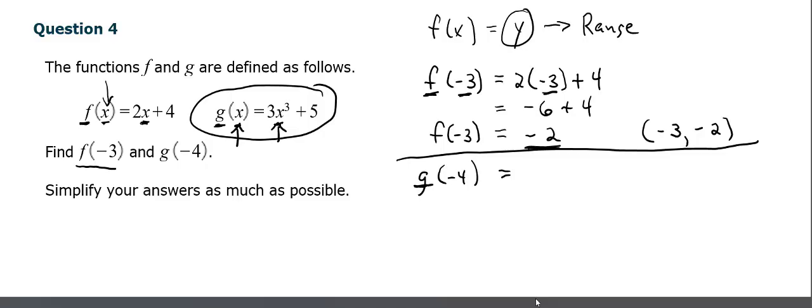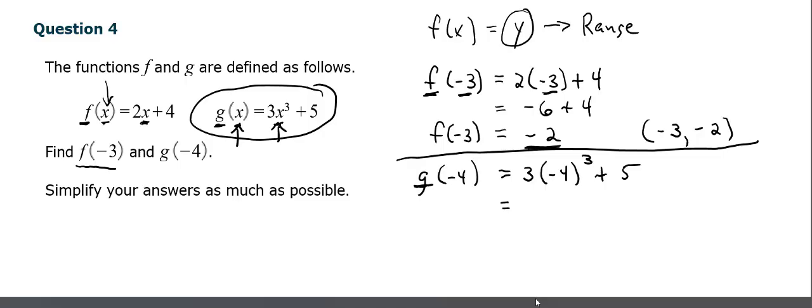So now instead of it being 3x cubed, or 3x to the third power plus 5, it's 3 times negative 4 to the third power plus 5. So again, we follow our order of operations, and we're going to go ahead and do our exponent first.